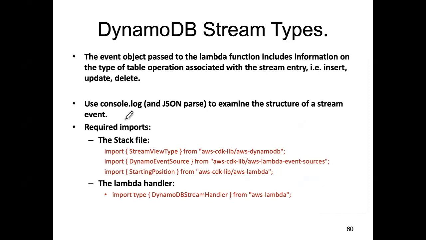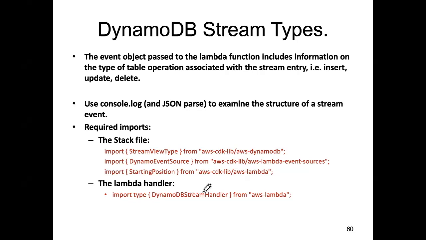If you want to use this technique, then the actual Lambda itself, its type in this case, is DynamoDB stream handler, which you'd nearly have guessed. So we've looked at SQS subscription handler, SQS consumer Lambda, SNS subscription Lambda.